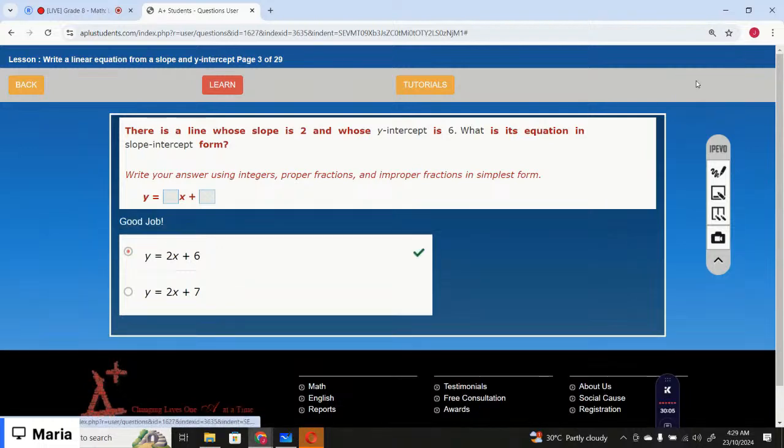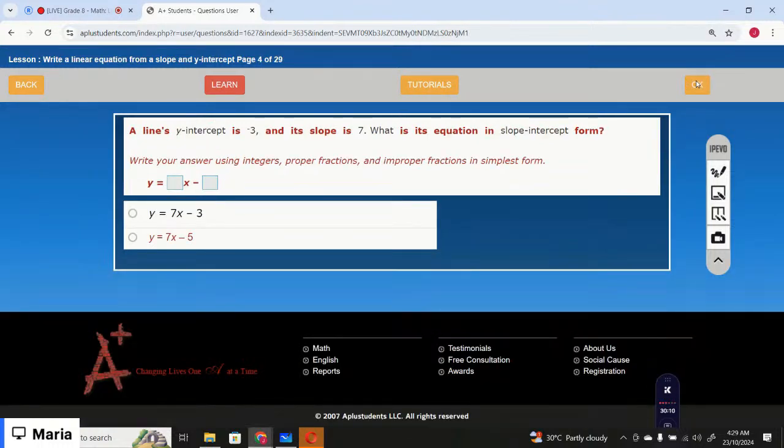Okay, the next one is a line's y-intercept is negative 3 and its slope is 7. What is its equation in slope-intercept form? So which is the correct option?